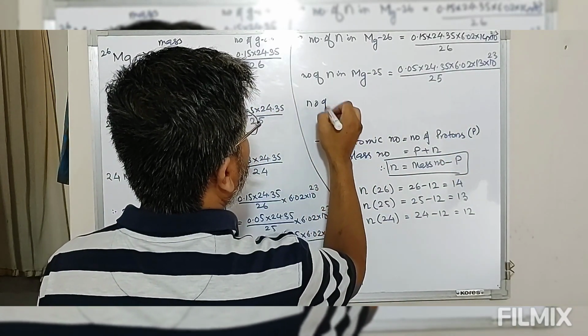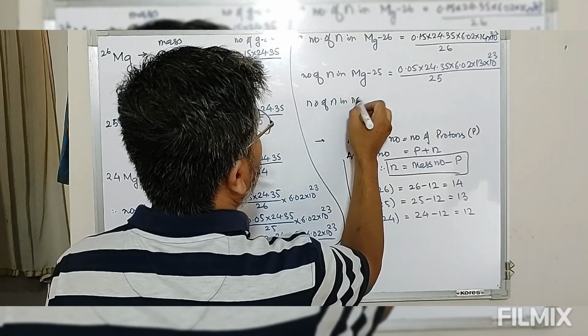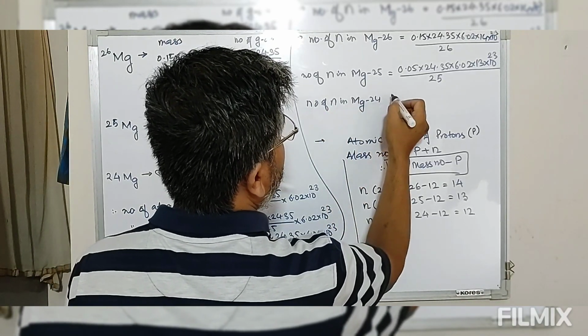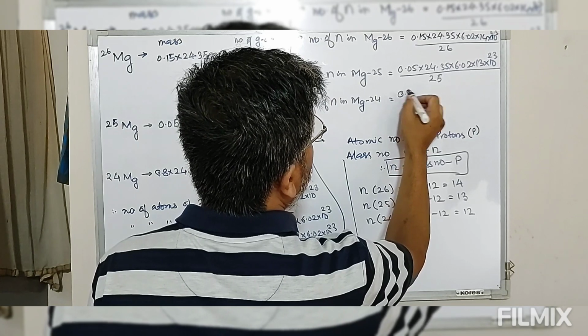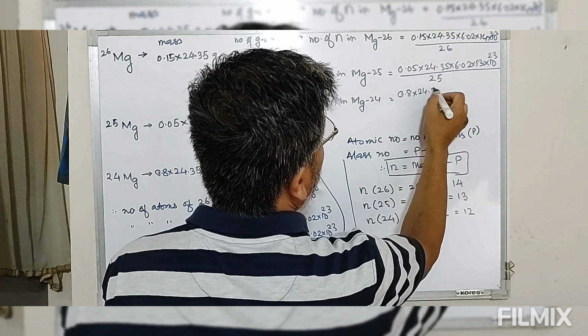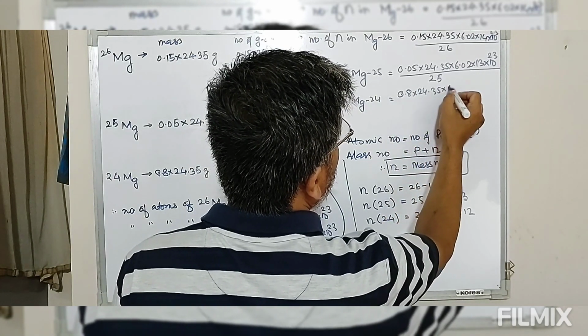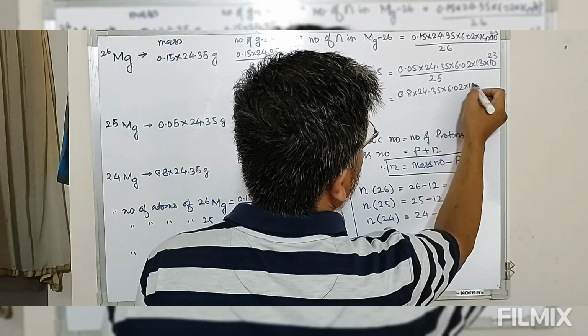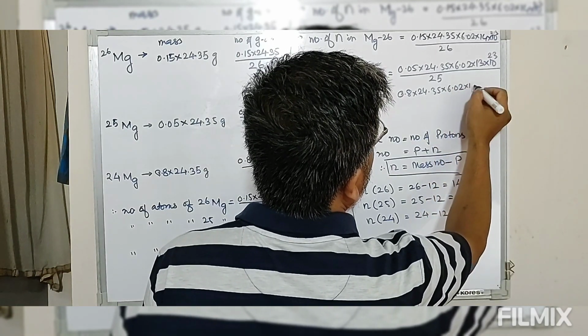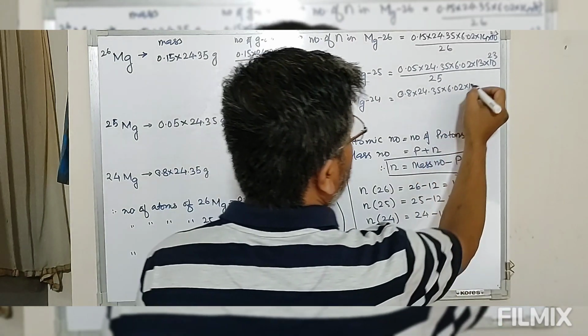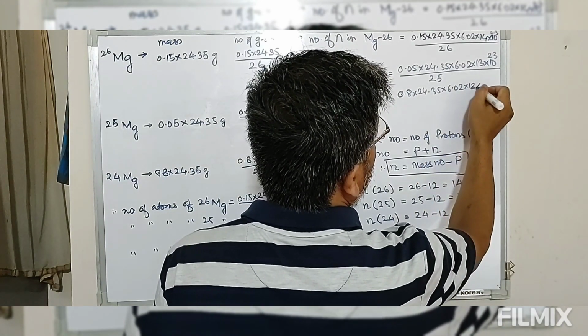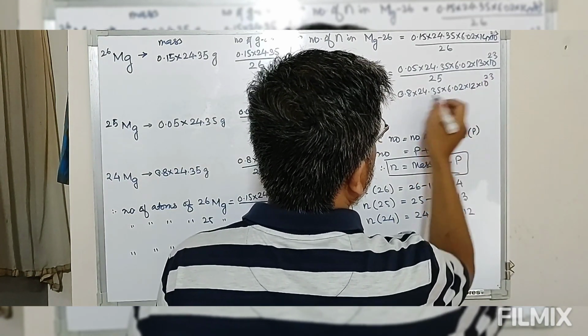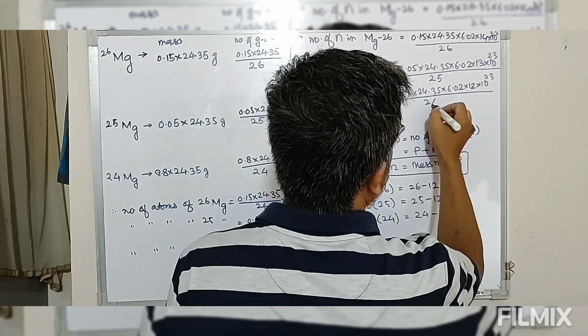Similarly, the number of neutrons in magnesium isotopic mass 24 is 0.8 into 24.35 into 6.02 into 12 into 10 to the power 23 divided by 24.